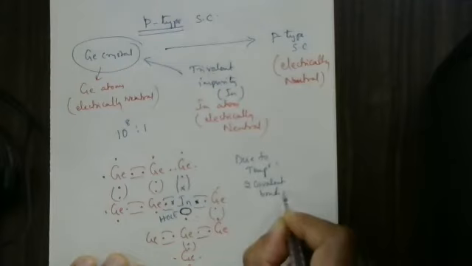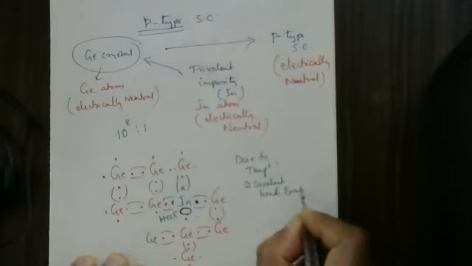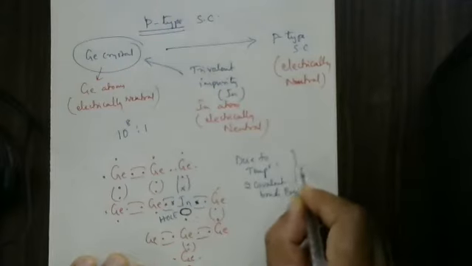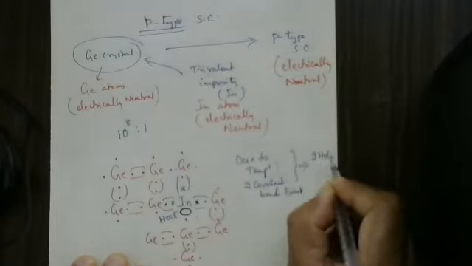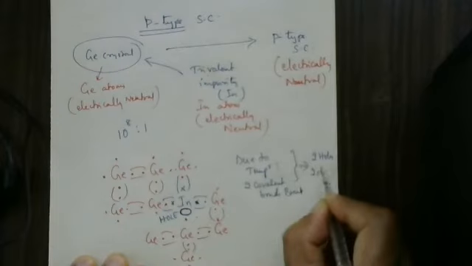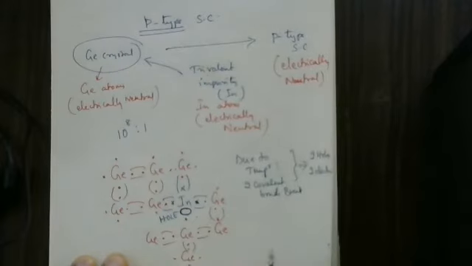Due to this condition, we will be having 2 holes and 2 electrons. 1 covalent bond, if it is breaking up, produces 1 electron-hole pair. 2 covalent bonds breaking up produce 2 holes and 2 electrons.